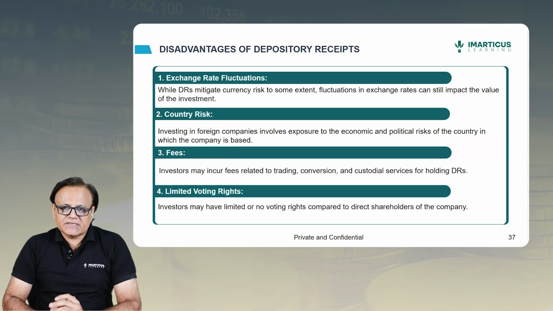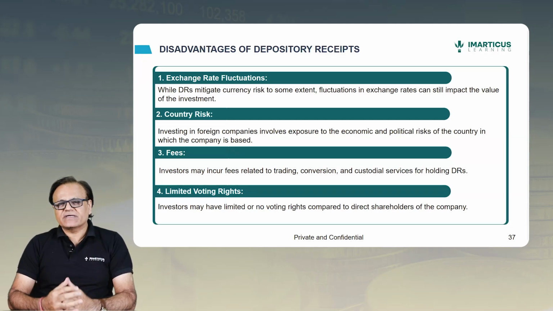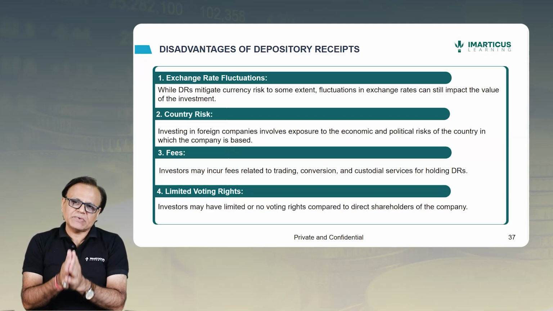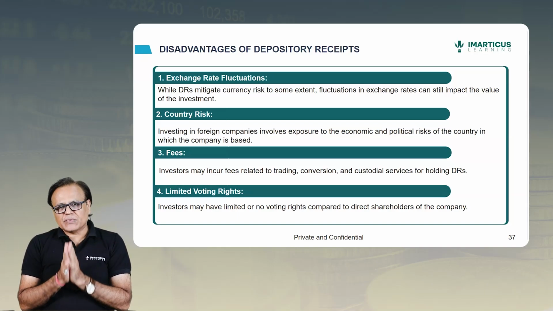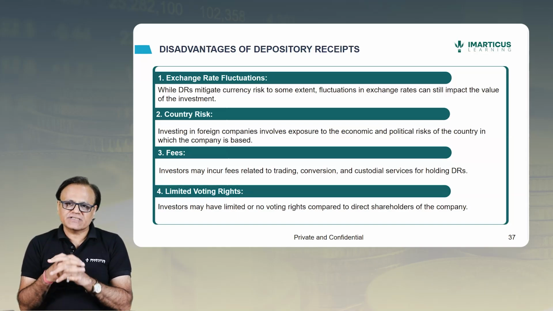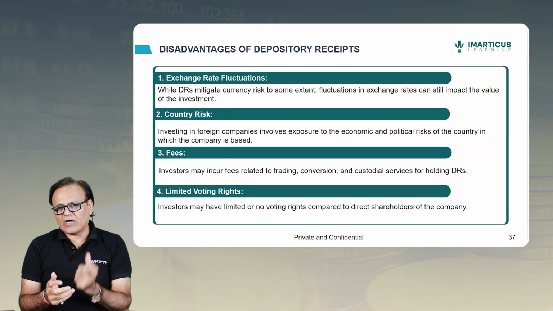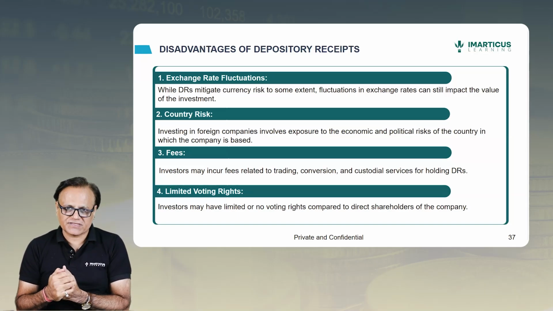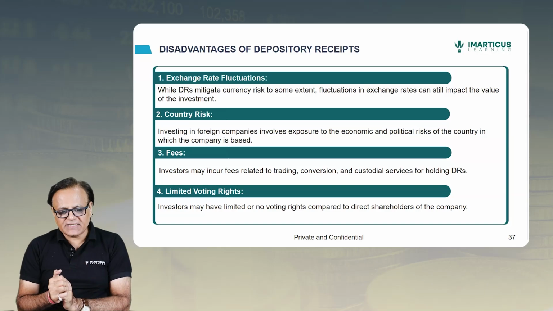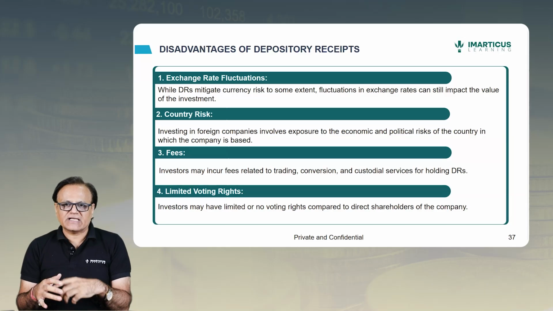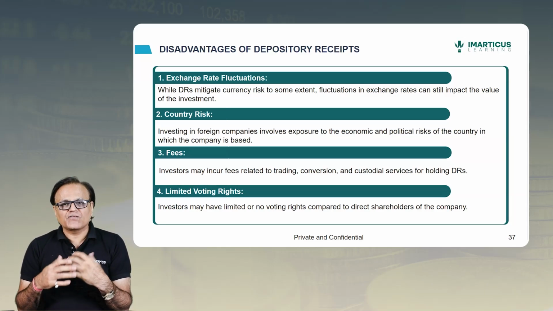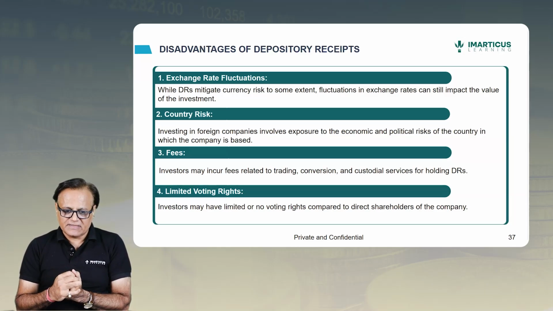Fees. The depository receipts, and we've already established that there is a layer in between, which is the depository bank. So if the depository bank is issuing these depository receipts, there will obviously be an element of cost. So there is a fee that is payable by the investors for the trading, the conversion and the custodial services for holding these DRs.